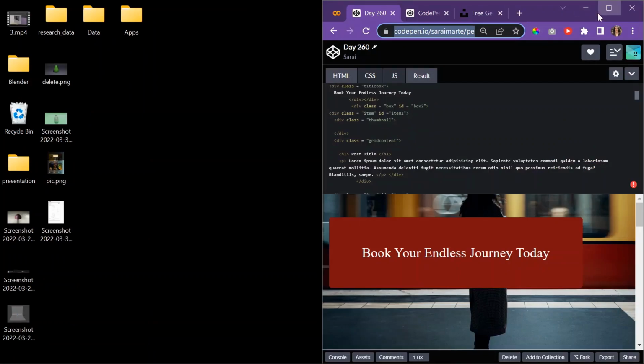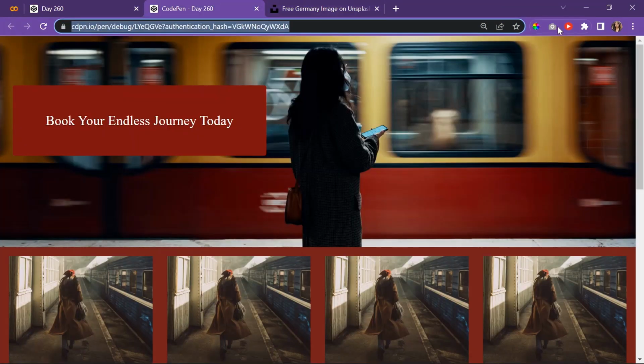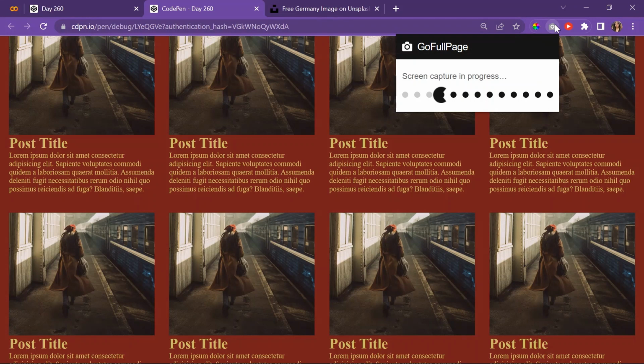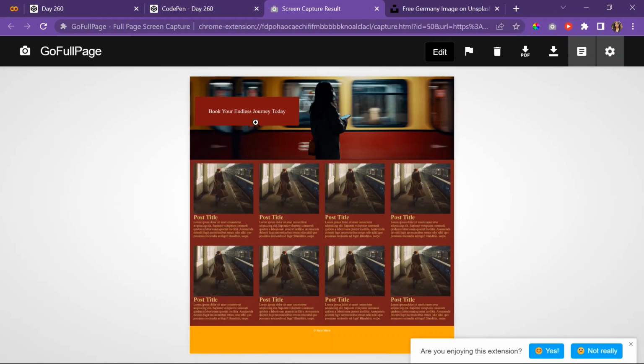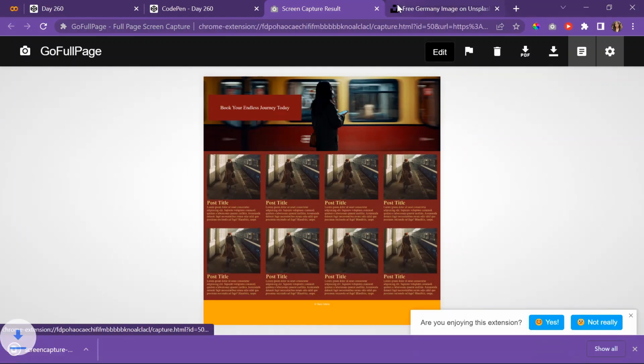The patience. Screenshot. I would have added a button where it said book your endless journey, but I have no time right now.